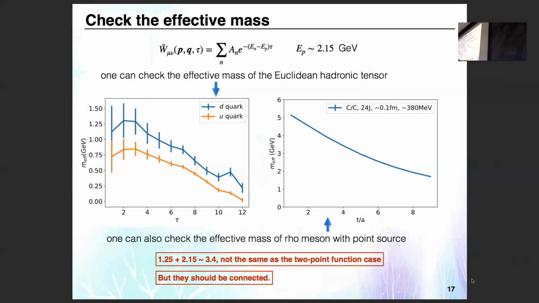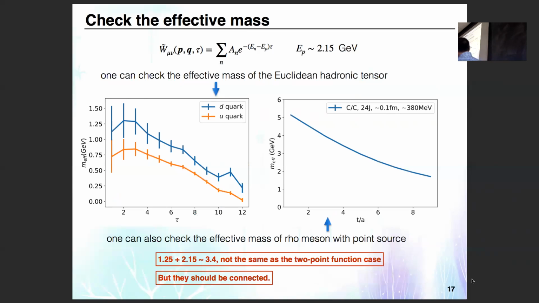So how about 2-point functions? Because this is the 4-point function from 2 vector currents, we can check the 2-point function of the rho method, which is just like the 2 vector method. A vector method is just point source. For the effective mass of rho, the maximum value we can reach is around 5 GeV.